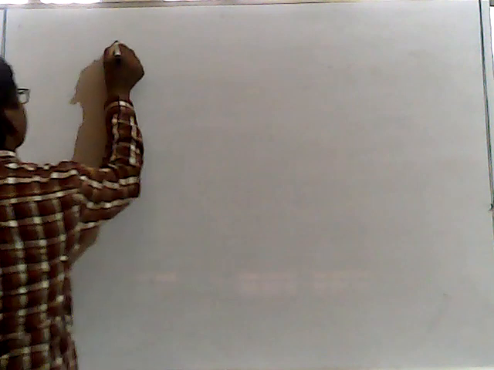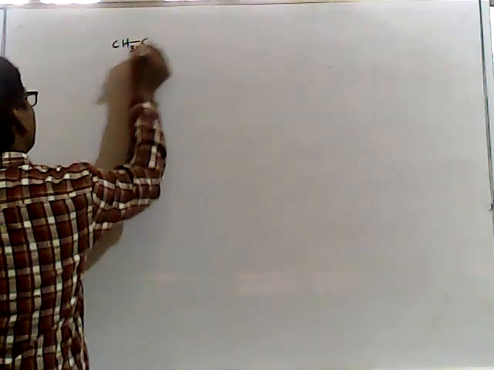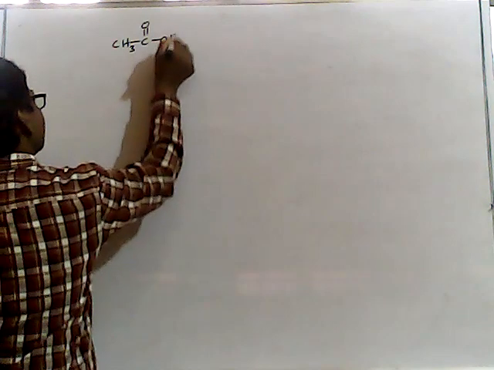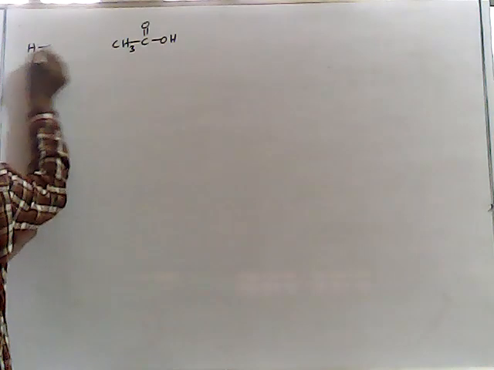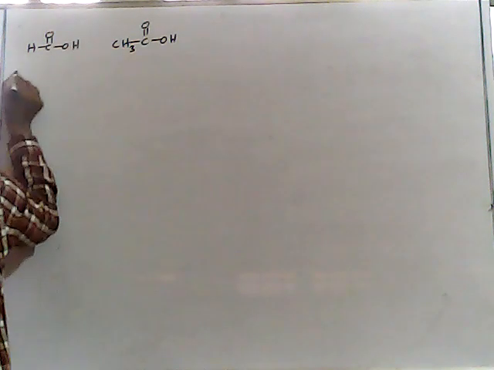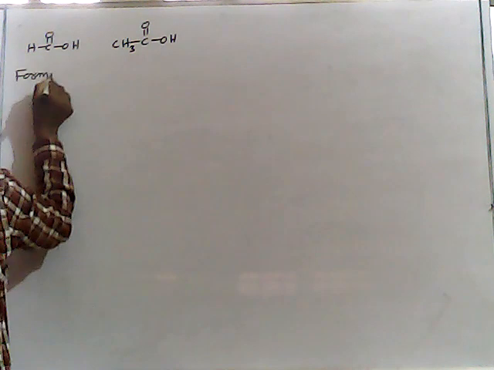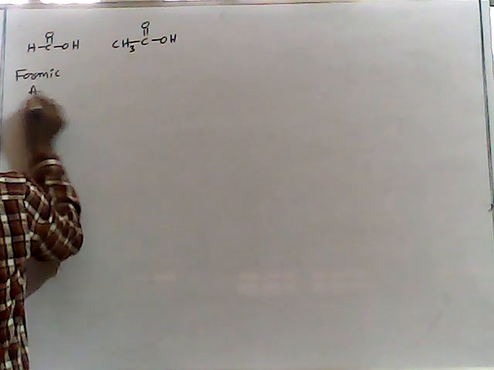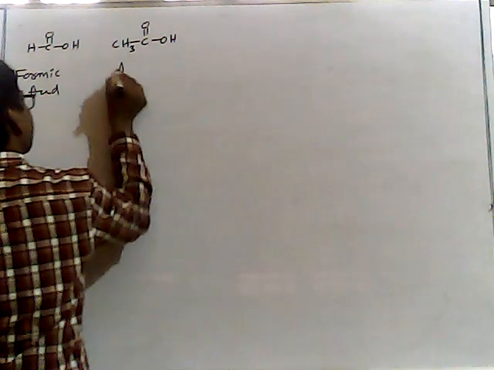First here I am writing CH3COOH. This is acetic acid. Before that I am writing H C double bond O OH. This is formic acid. This is acetic acid.